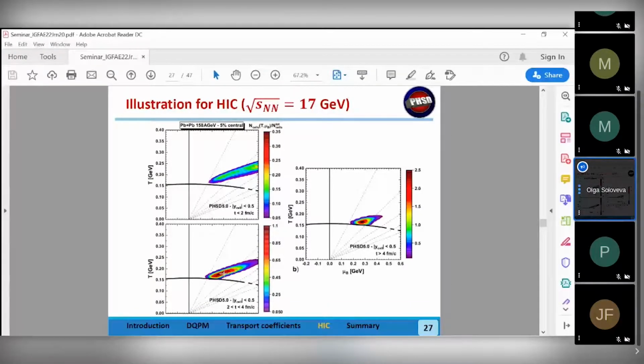And the average baryon chemical potential is 0.25. So these values are in accordance with expectations from the statistical model.